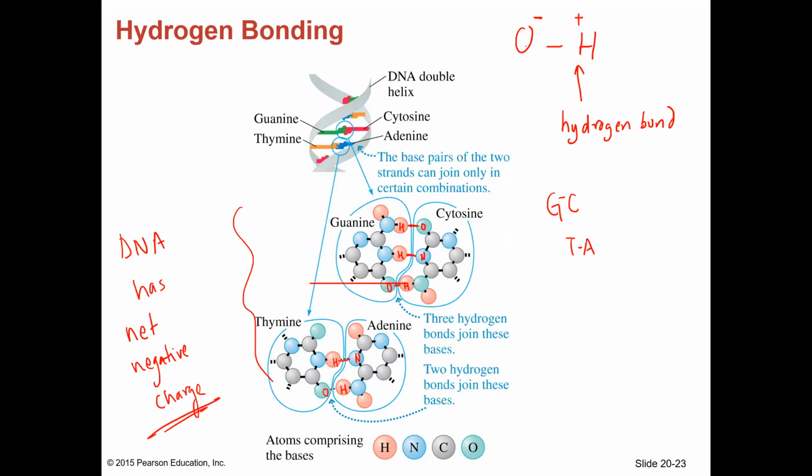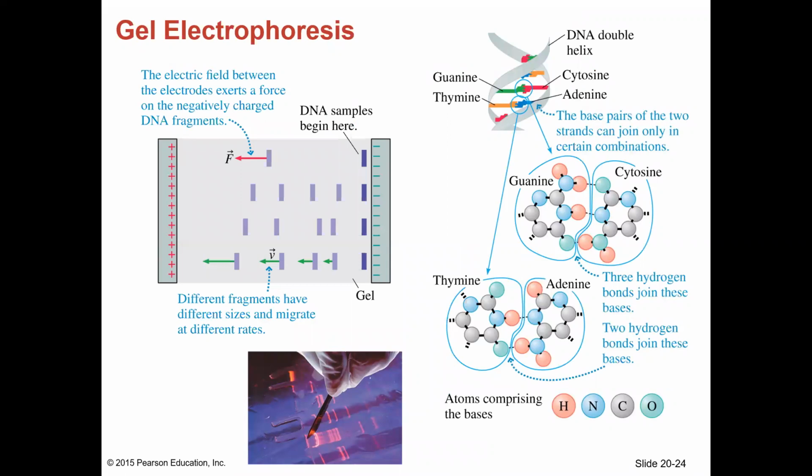And we can use that property to do lots of biomolecular manipulations, like cutting the DNA or unzipping the DNA and then executing the polymerase chain reaction. Something we often do in molecular biology is gel electrophoresis, because DNA is negatively charged.